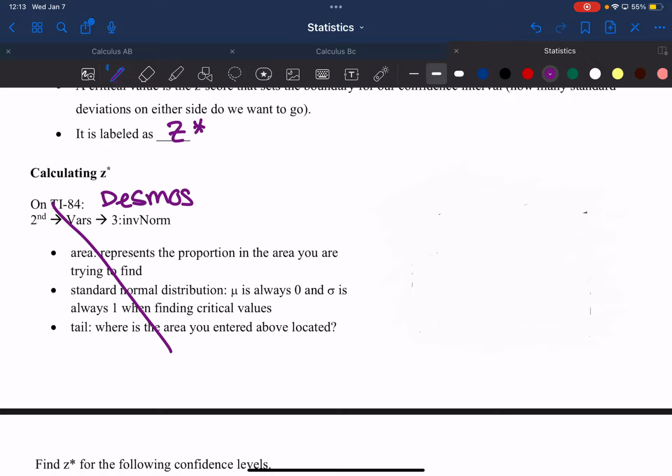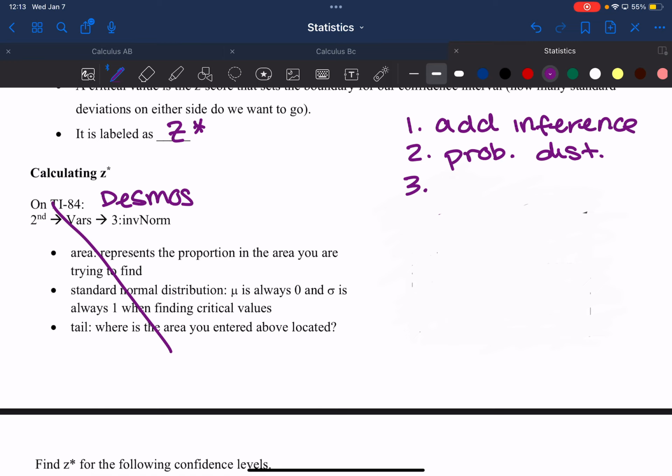So the steps to find Z star on Desmos would be to first go to add an inference. So it's that plus sign off to the side. Then you're going to hit probability distributions, and you are going to select a standard normal distribution where mean is 0 and standard deviation is 1.